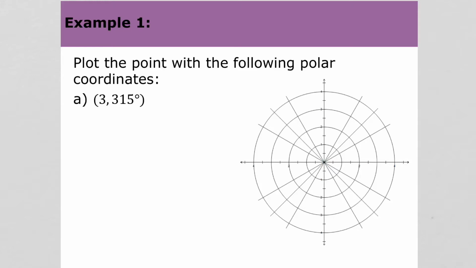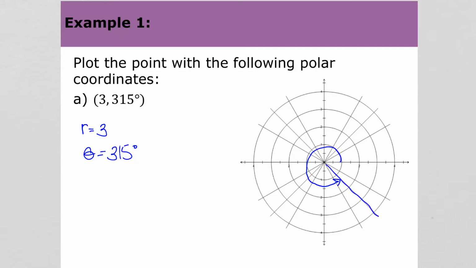So looking at an example here, it says plot the point with the following polar coordinates. The radius is 3 and our angle is 315 degrees. So starting from the polar axis, we're going to move around to 315 degrees.